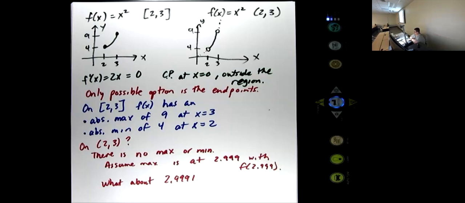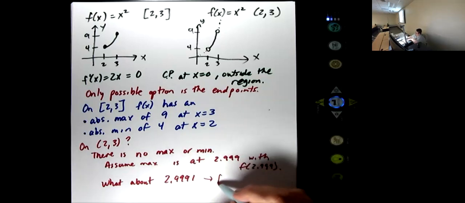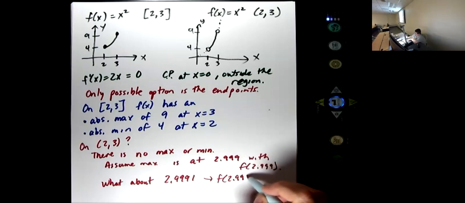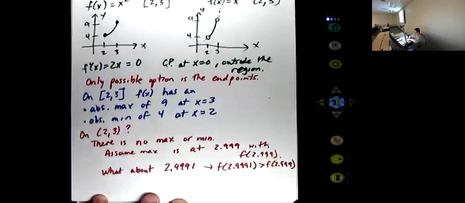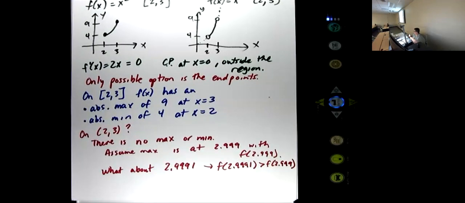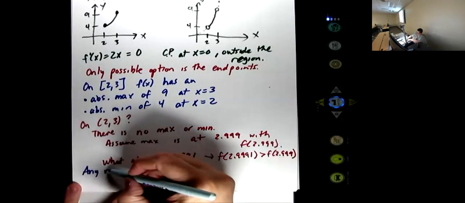When we square it, that should be a little bit larger. And in fact, any value we assume to be max, we can always add another decimal place. Any value we think is the max or min, we can always add a decimal place.